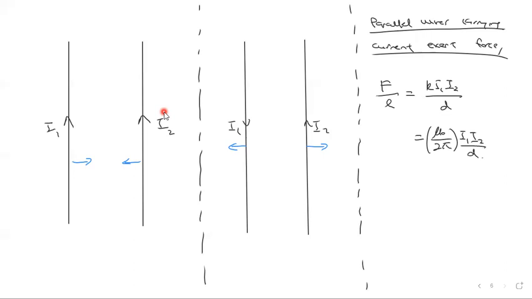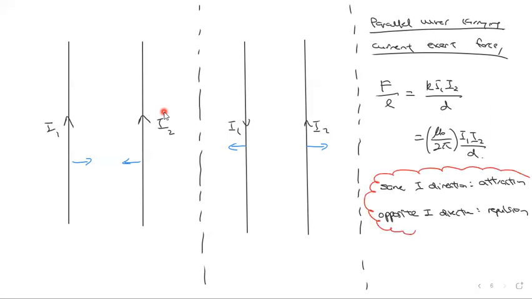Okay, and then the directions: if it's the same current direction, then it's attraction. If it's the opposite current direction, then it's repulsion. And we'll be looking at some of that in the later questions as well. Okay. So that's basically all your motor effect.